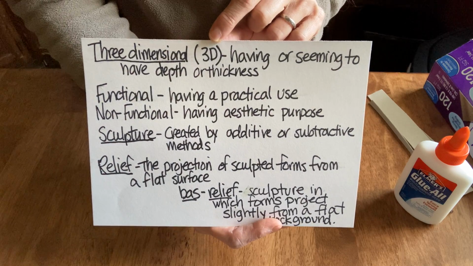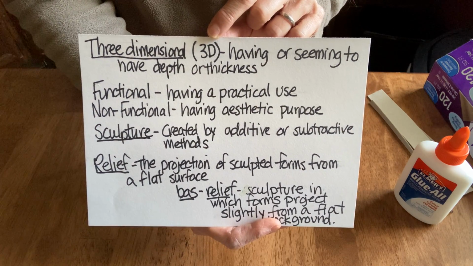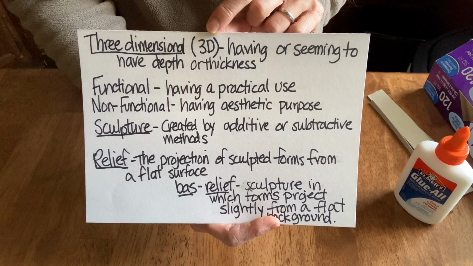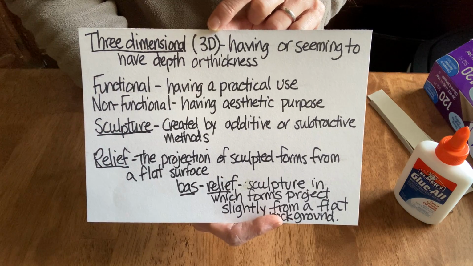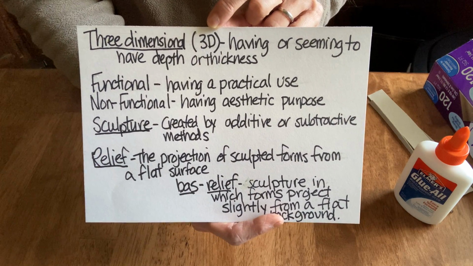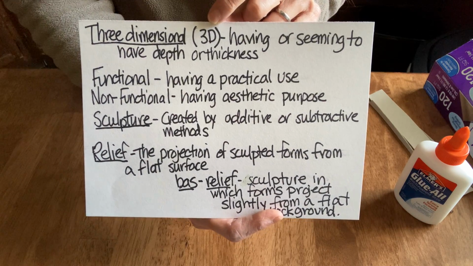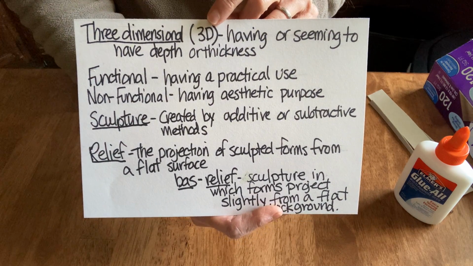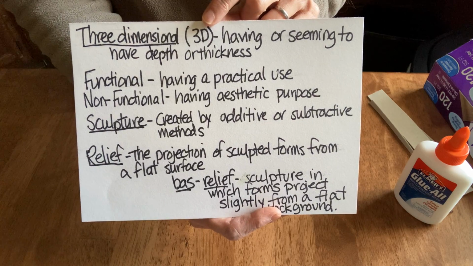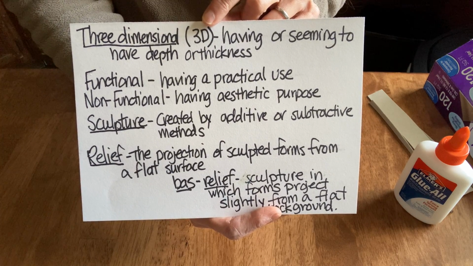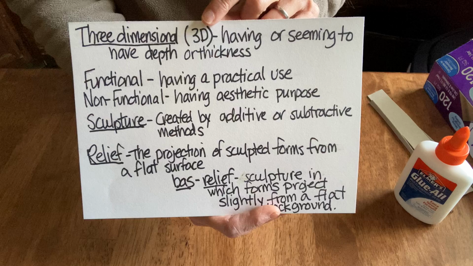That is real. When we looked at linear perspective in Art 1, we know that we can imitate three-dimensional qualities by learning how to manipulate our drawing to make it look like it's going back in space or coming forward in space.